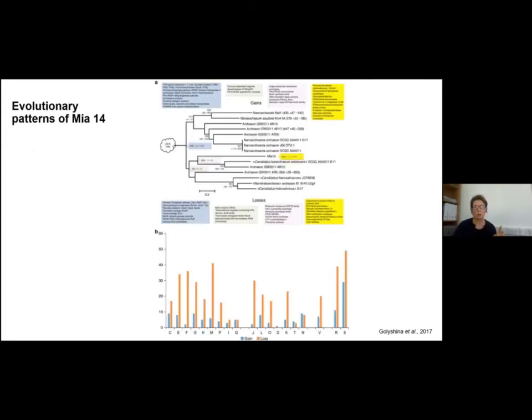We also compared the genomes of MIA14 with other phylogenetically related organisms, which could be seen on this phylogenetic tree.